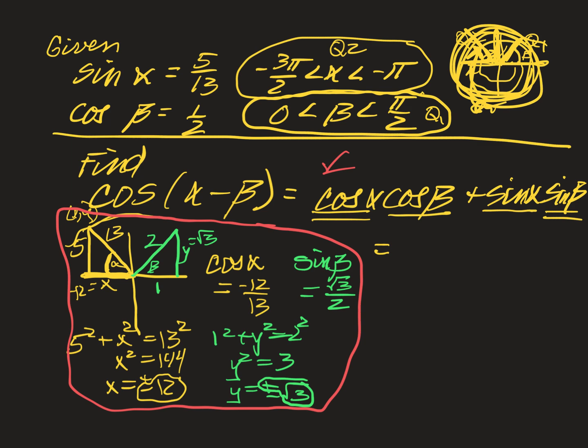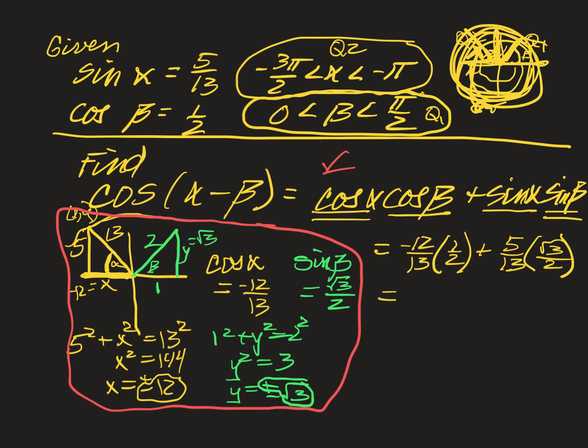Cosine alpha is negative 12/13. Cosine beta is 1/2. Plus sine alpha is 5/13 times sine beta, which is square root of 3 over 2. All right? And we can proceed forward at that point.